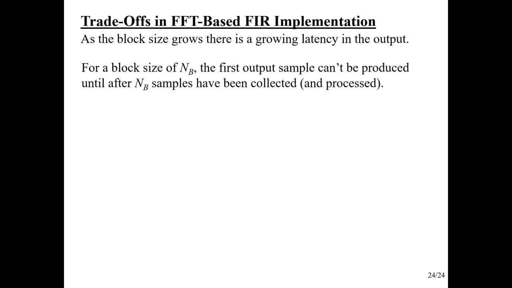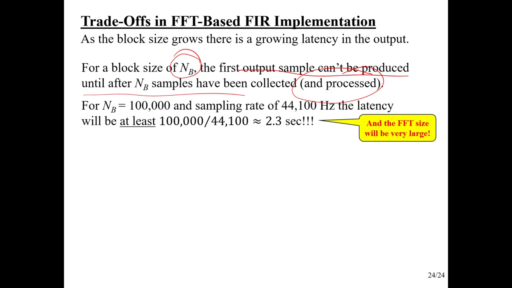So for a block size of NB, like I just said, and now I'm kind of going back to the overlap add view because I'm using NB, but it's the same. First output sample can't be produced until after the first block has been collected and processed. So you wait for the collection, and then you also have to wait for the processing time. So a small additional amount of latency there. So just as an example, suppose our block size is 100,000.